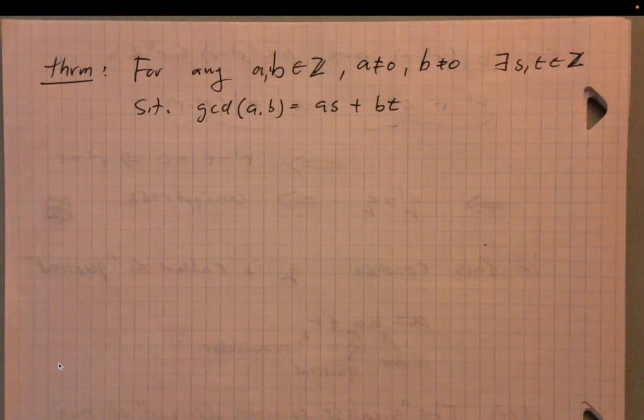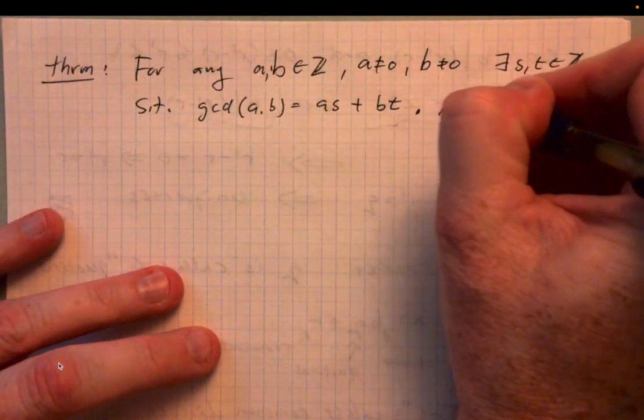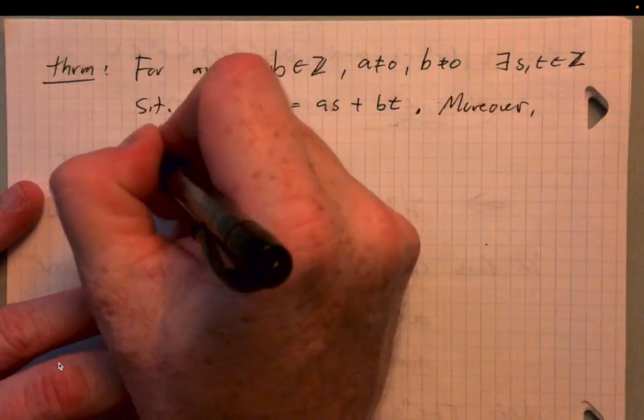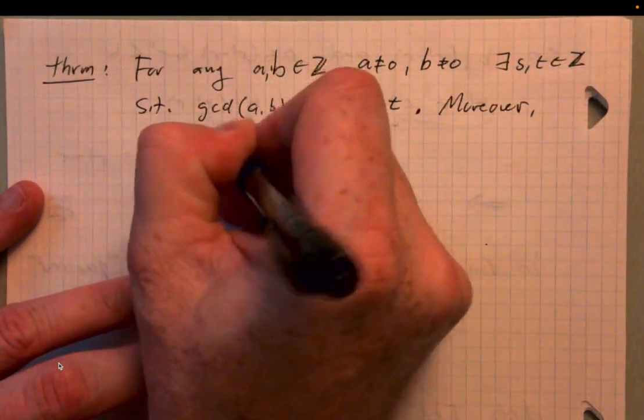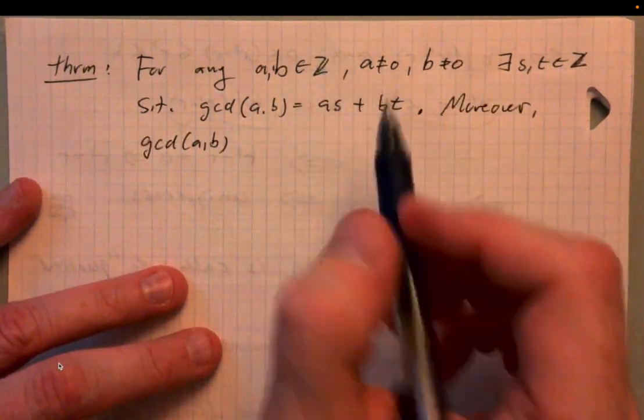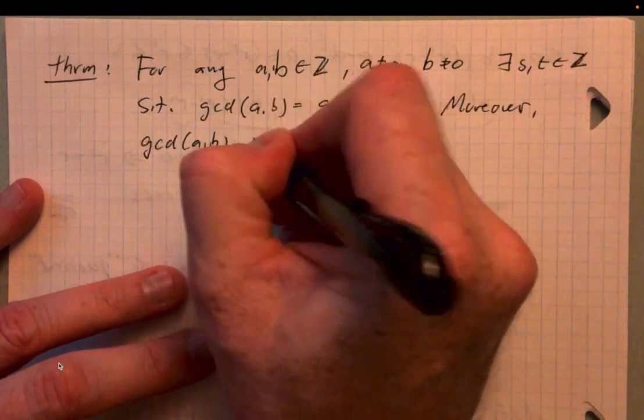So that's kind of interesting, right? This is telling us that the GCD has a certain form, and the form is a times some integer plus b times some integer. So it's a linear combination of the two integers in question. Now, moreover, the GCD of a and b is the smallest positive integer of this form.